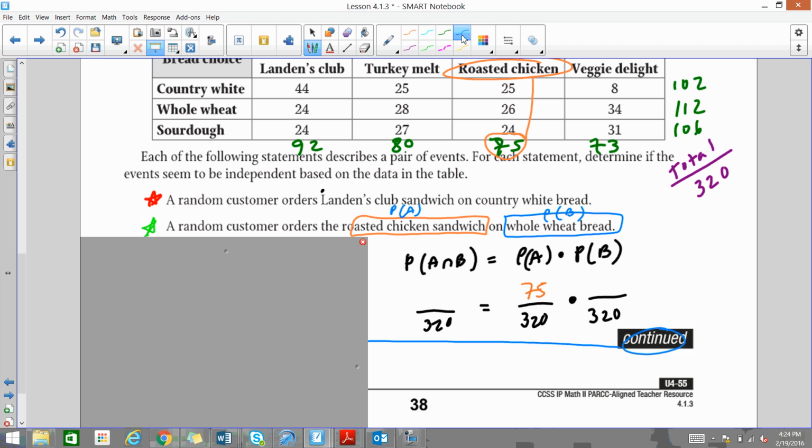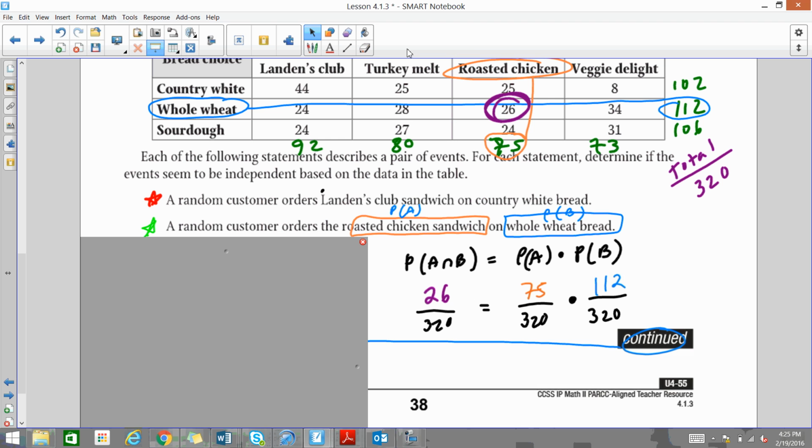And then whole wheat bread, here's whole wheat bread. So we go all the way over to how many people got whole wheat bread? That's 112. And now how many people got both roasted chicken on whole wheat bread? Hey, look at that. That's 26 out of 320. So just like we did on the last problem, we're going to multiply our two individual probabilities together.